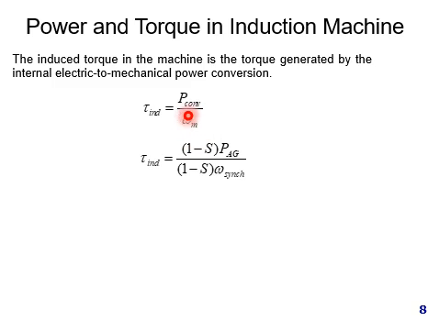But P converted can be written in terms of P air gap, or PAG, and similarly omega m can be written in terms of omega synchronous times (1 minus s). This (1 minus s) cancels out, and we get a simpler form of torque, which is air gap power over synchronous speed.